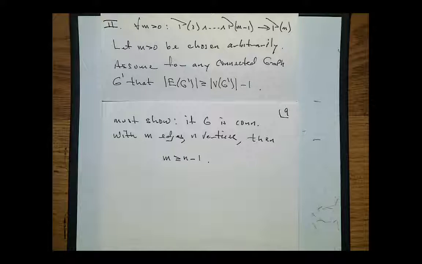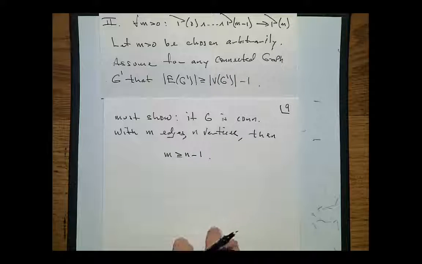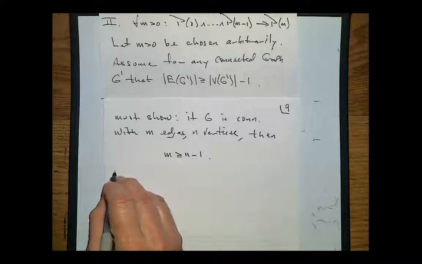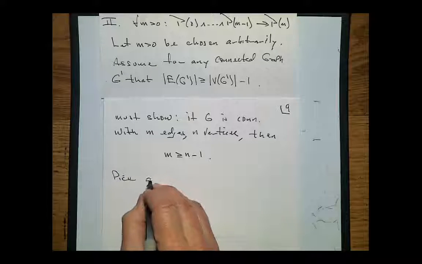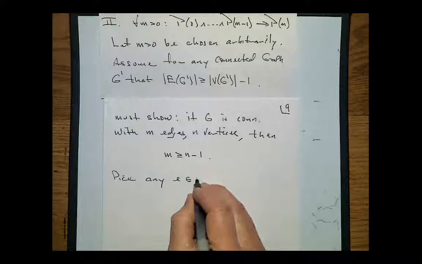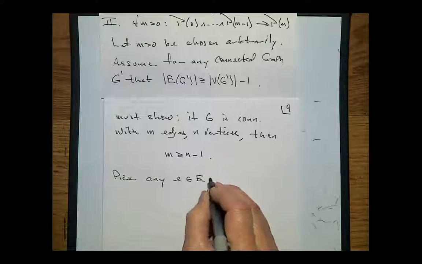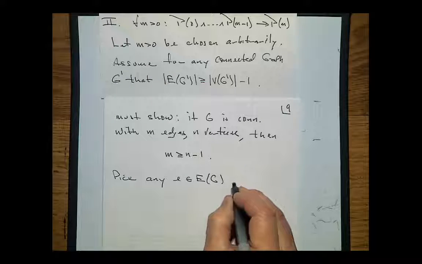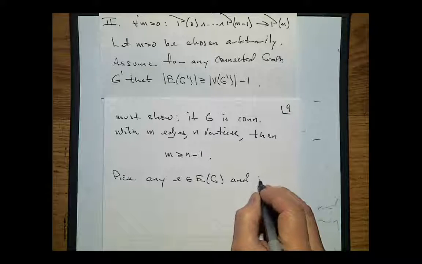So we also have to explicitly state the must show, at least to get full credit in this class. Okay, so pick any edge E in G and remove it.